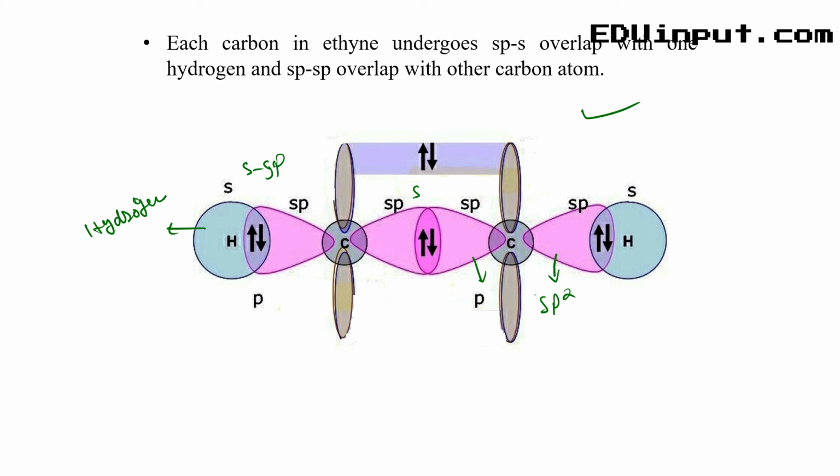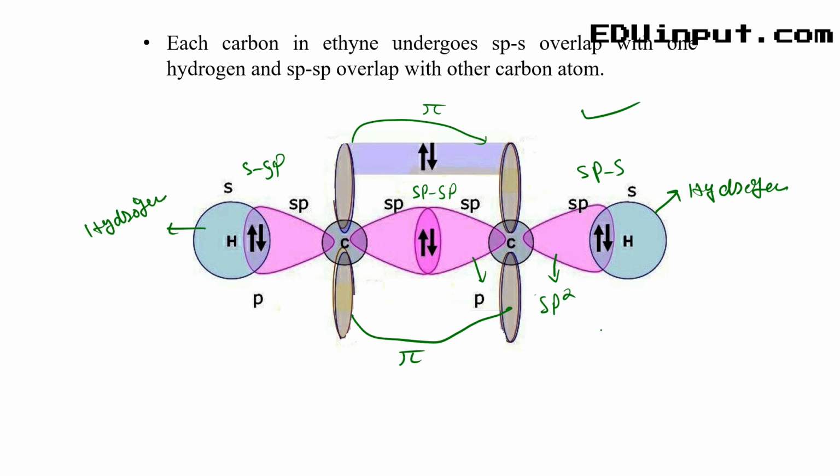In this case sp over sp, because this is going to be a bond between two carbon atoms, and this is the pi bond. Similarly, these two half-filled orbitals will also form a pi bond, and this one again sp, as in this case there is a hydrogen atom involved on this side of the molecule.